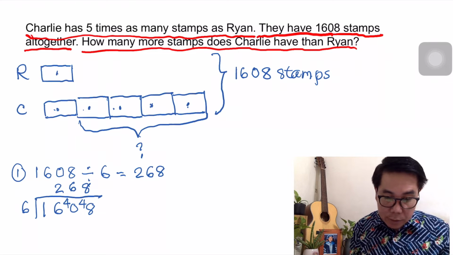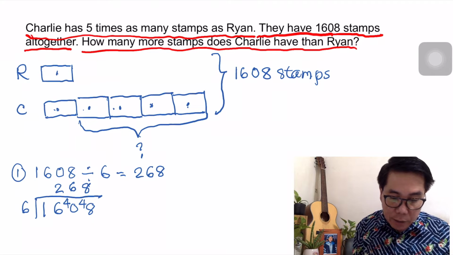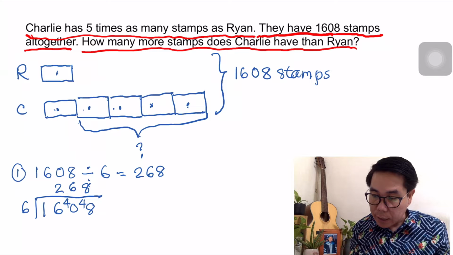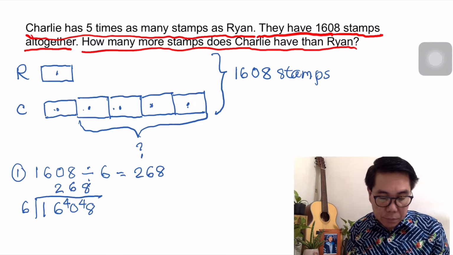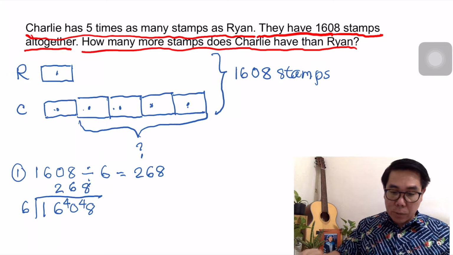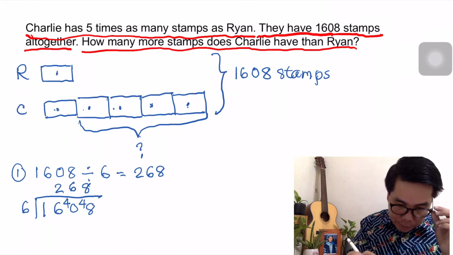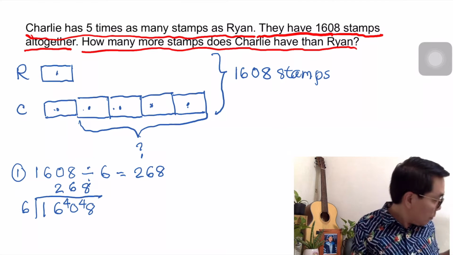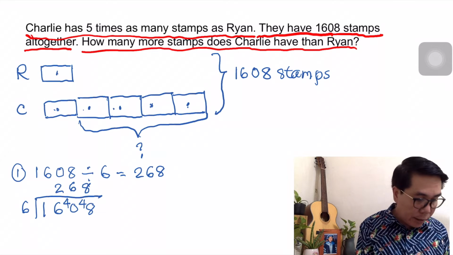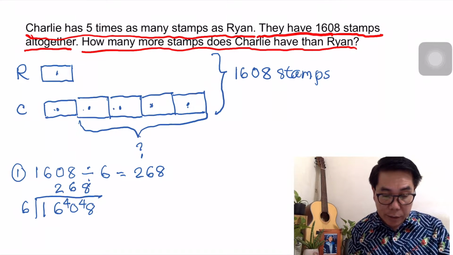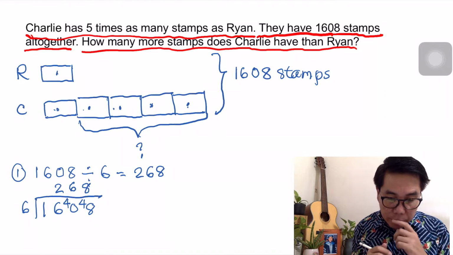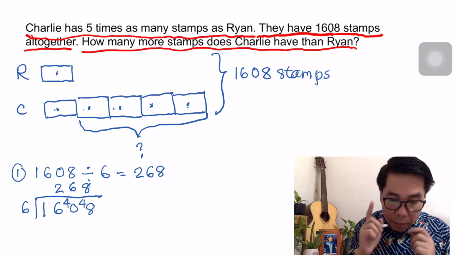So one part is 268. Now, then what are we going to do with this? Let's see if my division is correct. Now, what we have to do is, that is 1 bar.